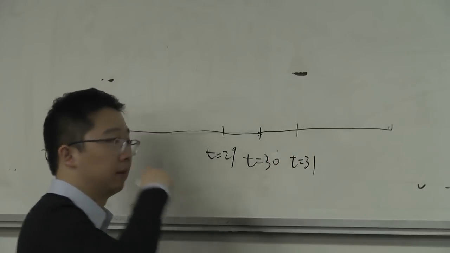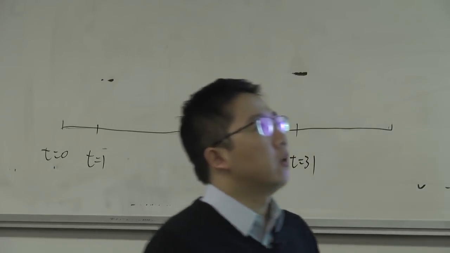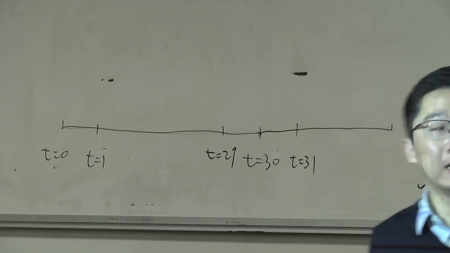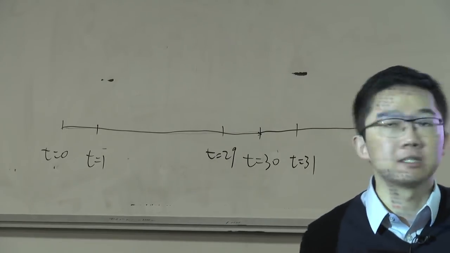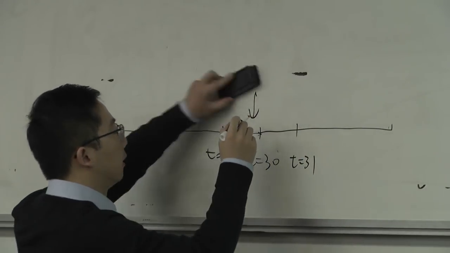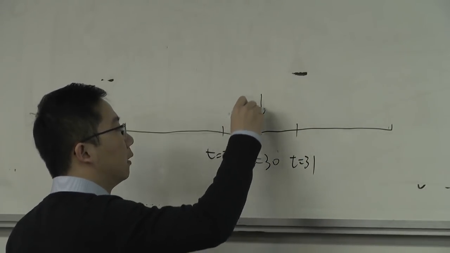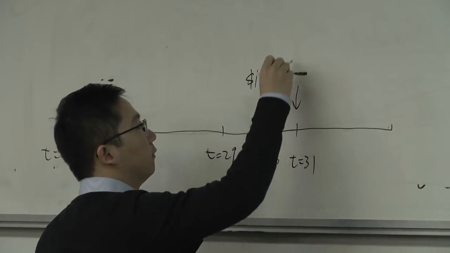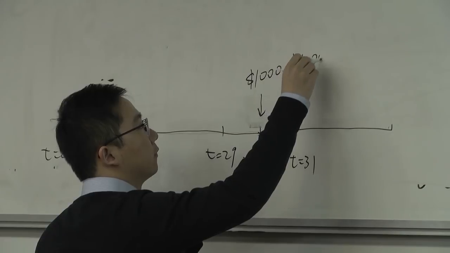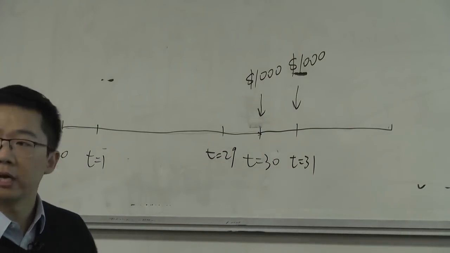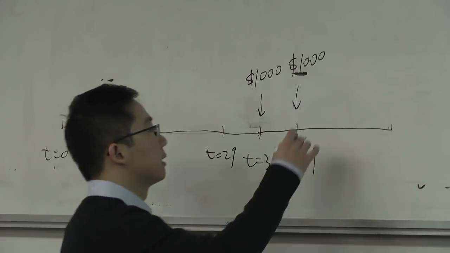Okay. Right. Charlie wants to receive the first annuity payment at the end of the 30th year, and that is $1,000. And $1,000 for each year, and that lasts 20 years, right? 20 years.